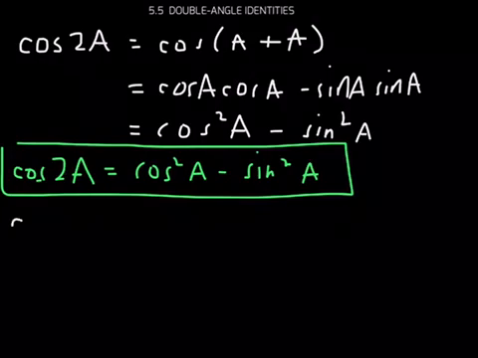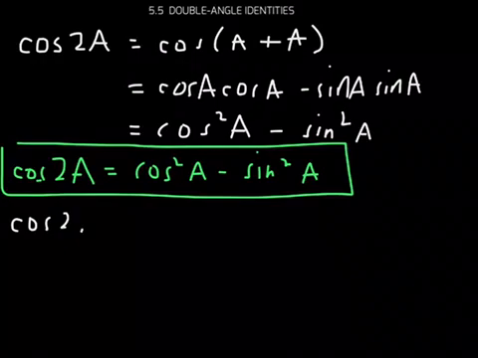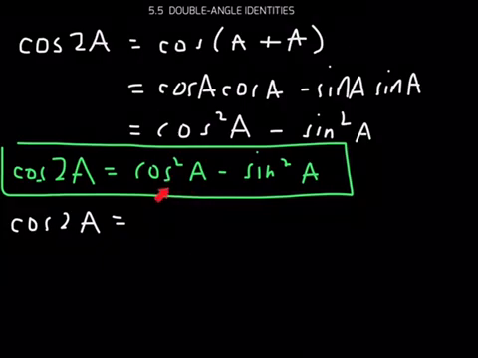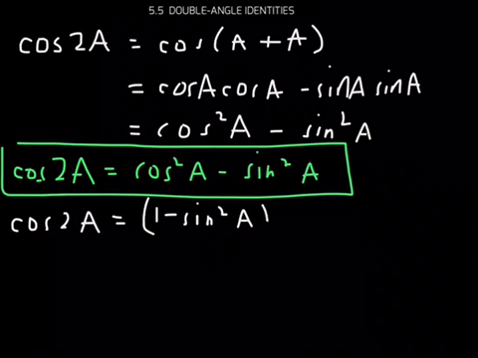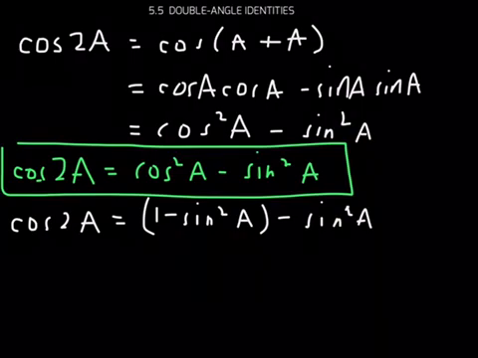we can say that cosine of 2a, which is equal to cosine squared of a minus sine squared of a, let's substitute cosine squared of a with 1 minus sine squared of a. We know that's true by the Pythagorean identity, okay?